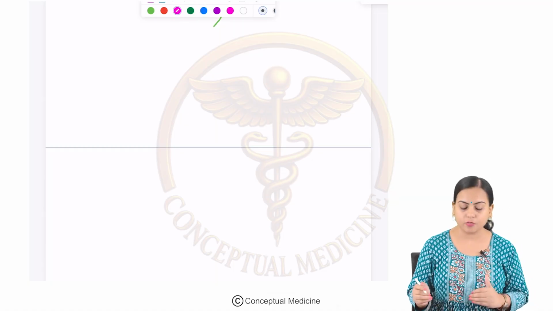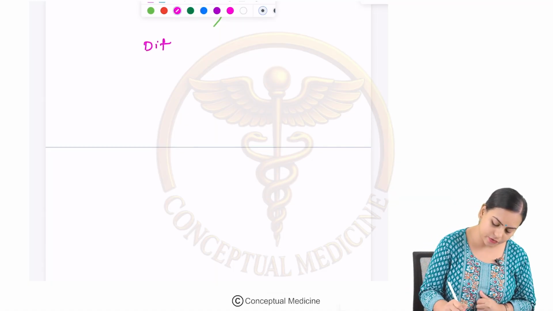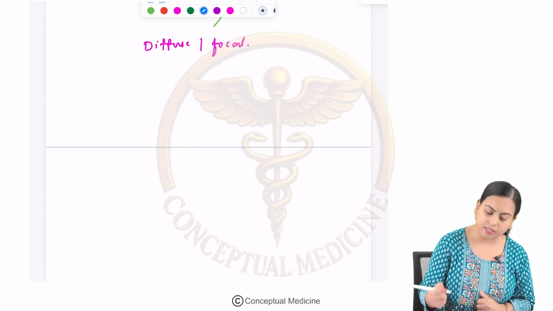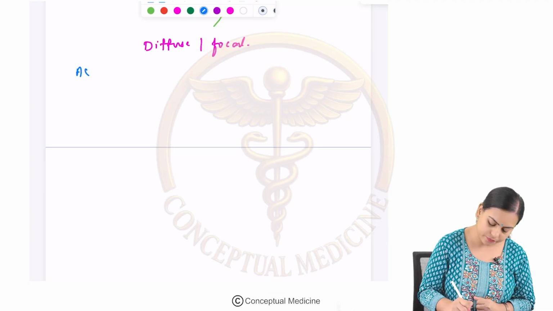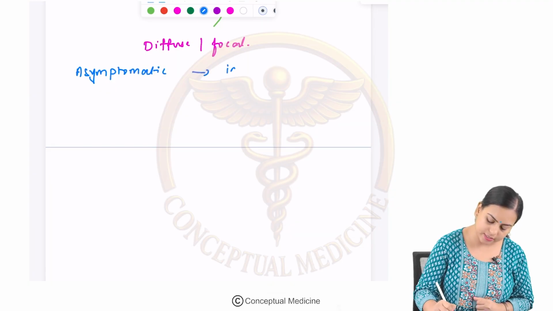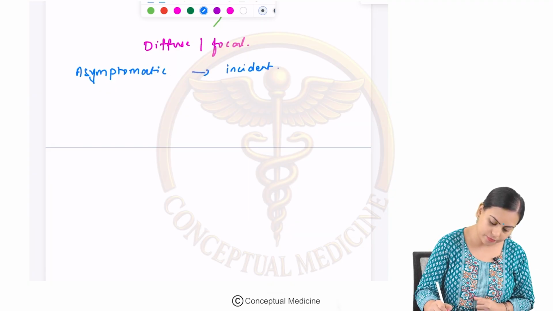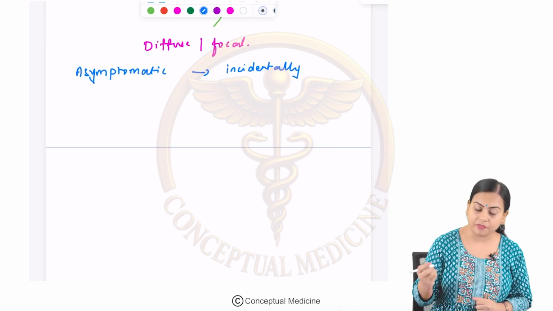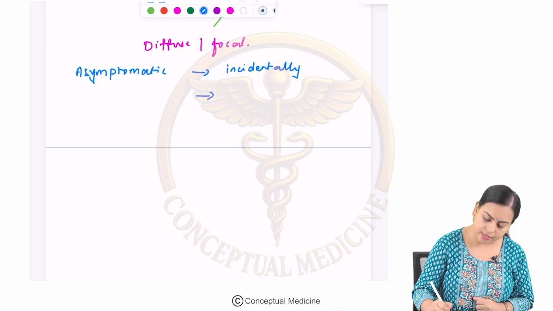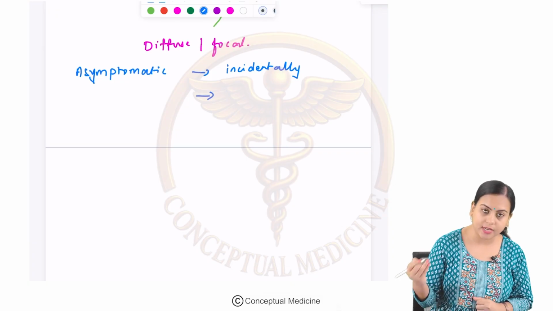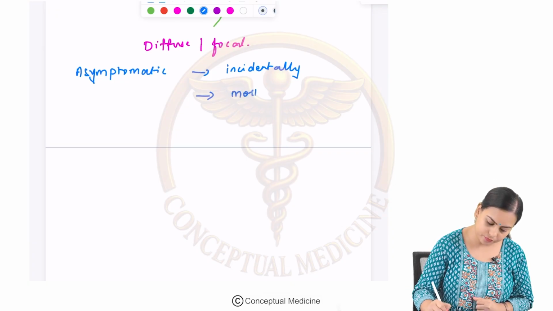This adenomyosis can be diffuse or focal, and it can also be asymptomatic, mostly found incidentally, or it can be found after hysterectomy.